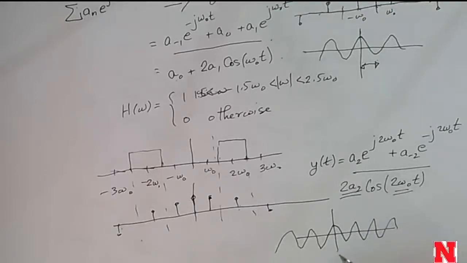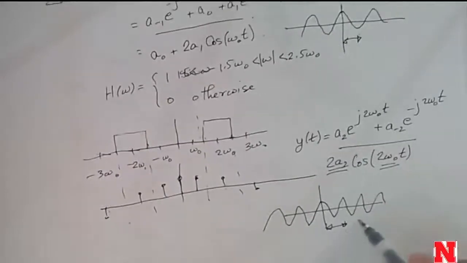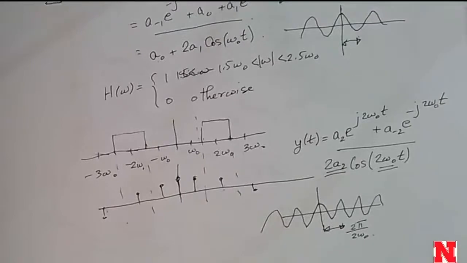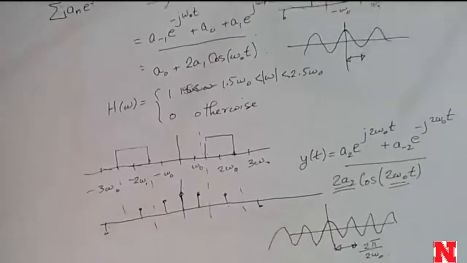So if I looked at one period of this cosine, this period would be 2 pi over 2 omega naught. Right? And you'll see some questions like this on the post quiz, where I've got a periodic function and I put it through a filter, and I'm asking you to identify which is the output of that particular filter. Okay.